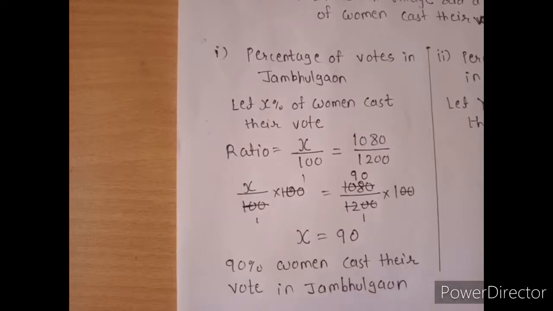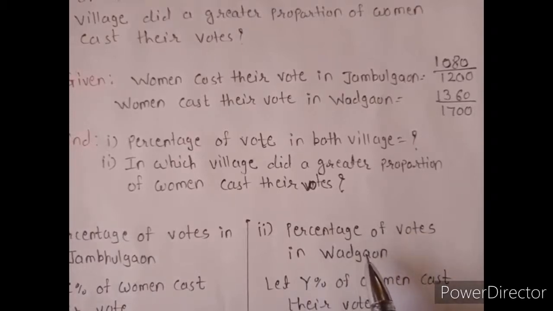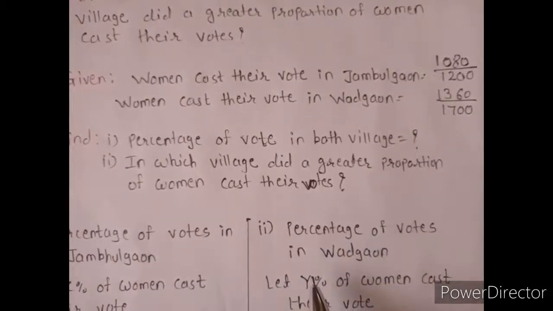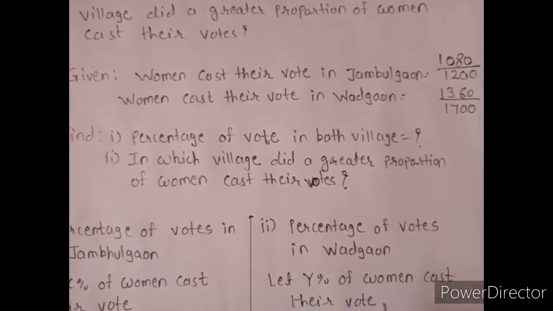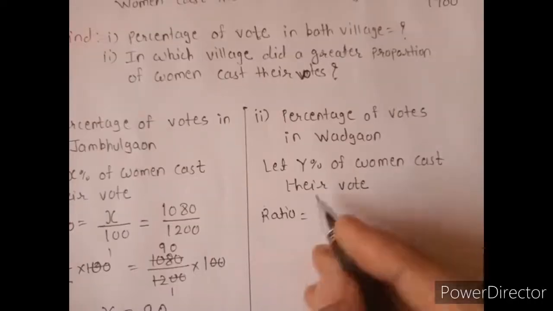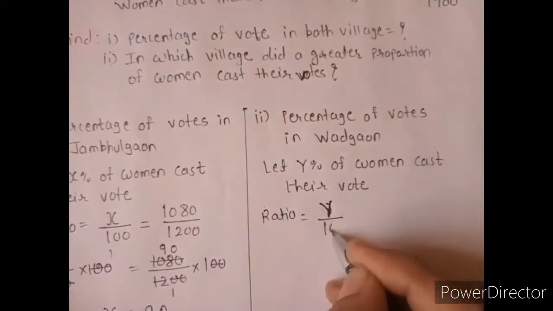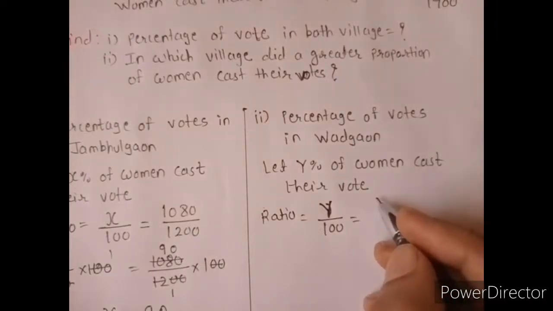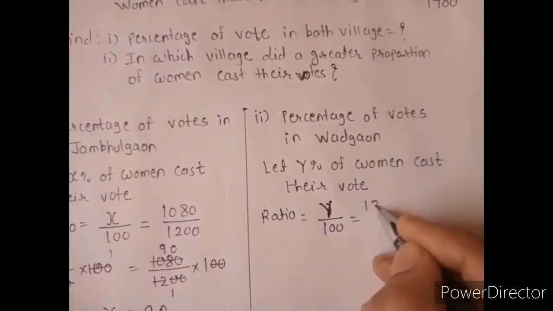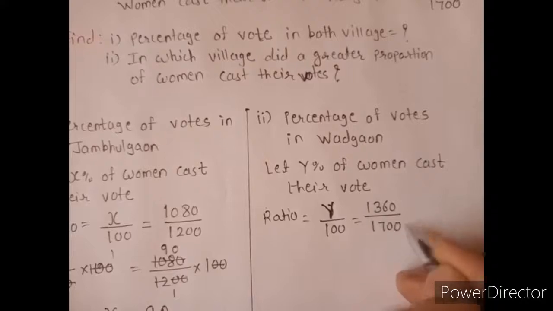Now let's find the percentage of votes in Vadgaon. So here we have taken letter Y. Let Y% of women cast their vote. Write down the ratio. Y% is written as Y upon 100 is equal to how many women cast their vote in Vadgaon? 1360 out of 1700.